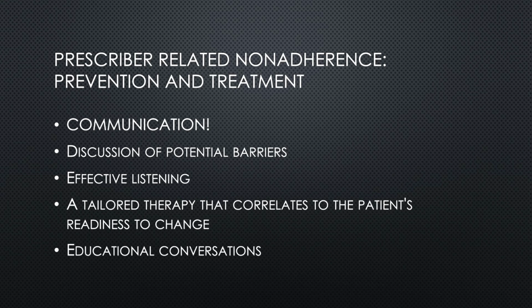So we can discuss potential barriers, what is stopping them from taking the medication, effective listening, listening to our patients and really understanding what's going on, and making a tailored therapy that correlates to the patient's readiness to change, and educational conversations. So communication and education.